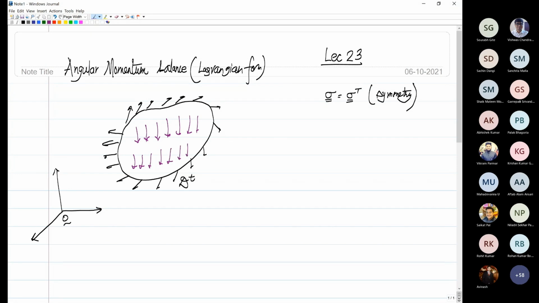So the first statement is obviously the same as in the Eulerian form, which is a surface integral for the moment due to traction.